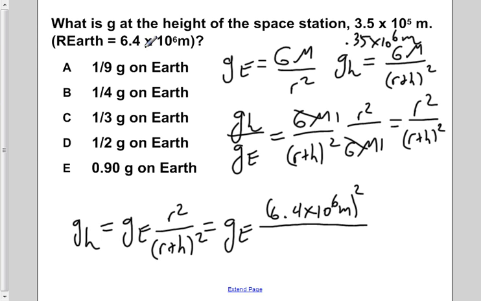So our total distance between the center of the planet and the object, our space station at a certain height, would be 6.75 times 10 to the 6 meters. And we square that. Now if we square these two, then divide, we get a value of 0.9 times the acceleration of gravity at the surface of the Earth. So our answer would be E, 0.90 g on Earth.